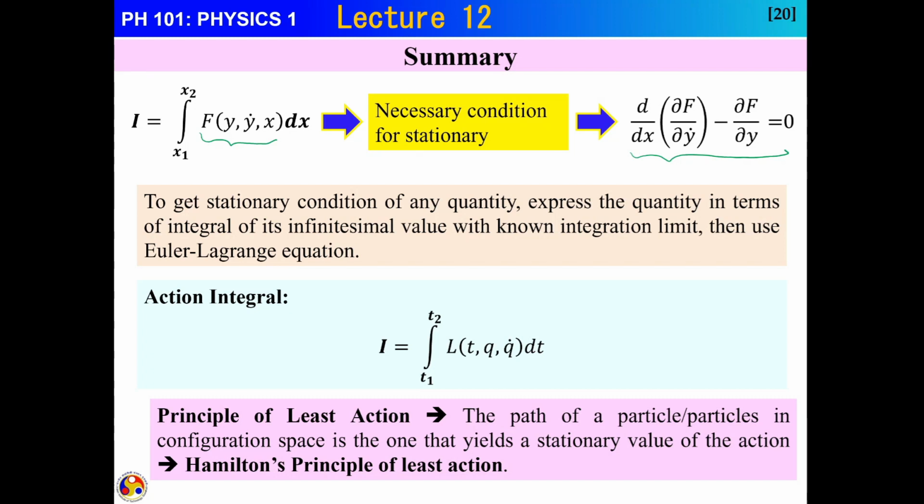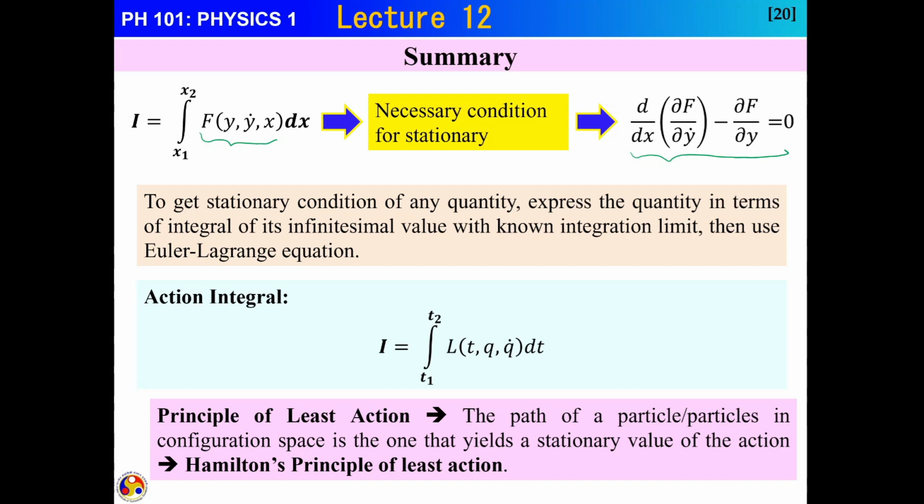Using this Euler-Lagrange equation, we understood how these kinematic actions turn out, and then we solved the problem of the shortest distance between 2 points in a plane, and the shortest time between 2 points in the case of the roller coaster.